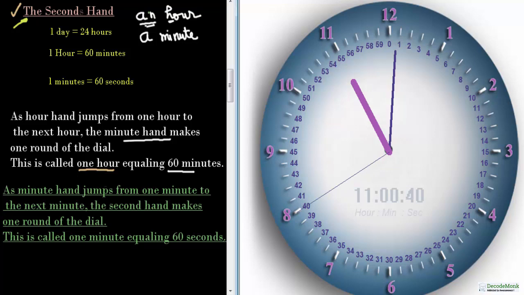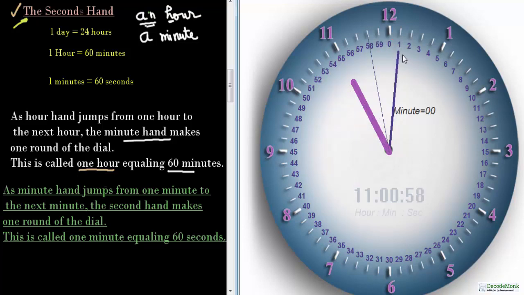Now please see over here, on the right hand side we have a real clock representing the current time. It's 11 minutes, 50, 51, 52 seconds. So please pay attention for the next minutes.